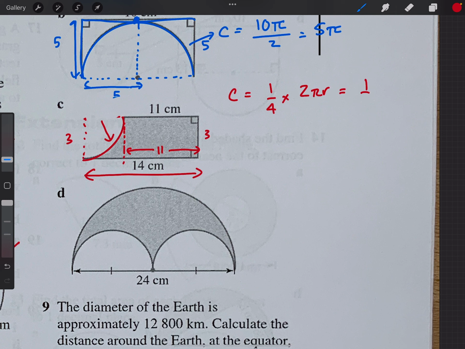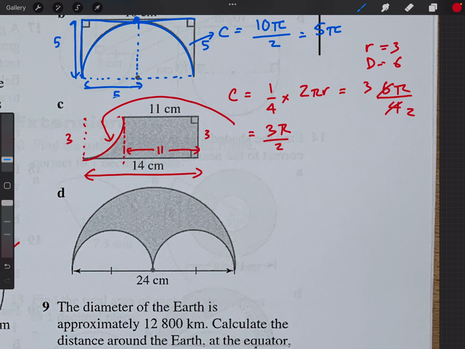Now if the radius is 3, the diameter must equal 6. So we can say 6 times pi is the full circle, and then we multiply by 1/4, or we divide this by 4, same thing. Now simplify that, this will be 2, this will be 3, so 3 pi on 2. So that's the circumference of this quarter circle.